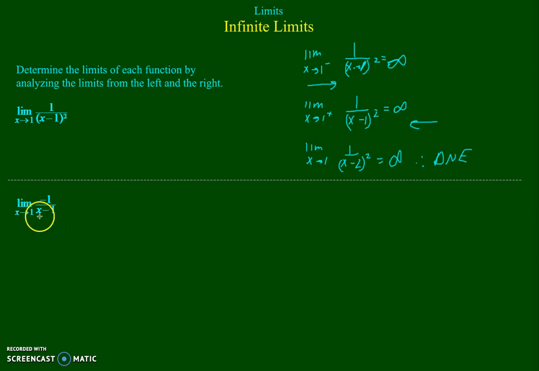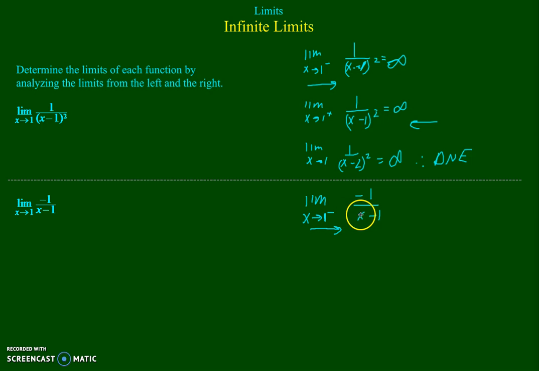So here, we want to look at this from the left-hand side and from the right-hand side. So first, let's take a look at the limit as x approaches 1 from the left of negative 1 over x minus 1. Again, we're coming at it from the left-hand side. Therefore, this x value is always going to be less than 1.